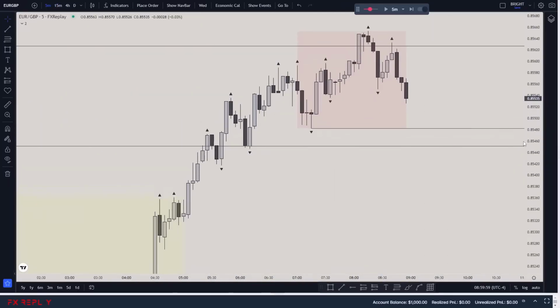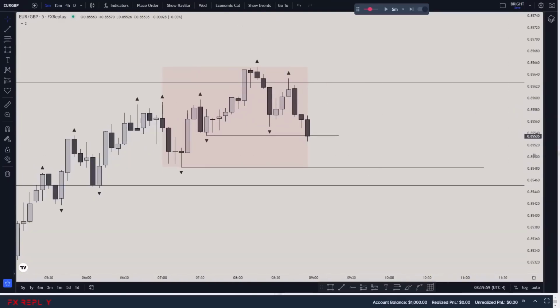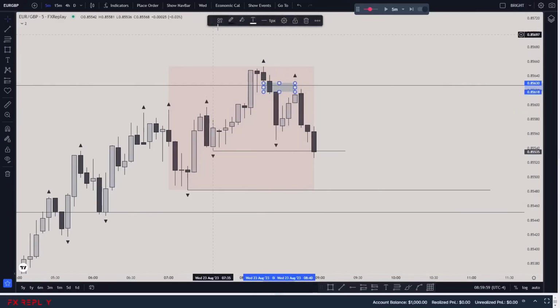What's happening here? So at the 5 minutes we can see that okay, price was going down, going up, and then this is my change of character on the 5 minutes, right? And price kind of closed below it. The thing here is this: we had a fair value gap that was respected, right? Respected fair value gap. And this respected fair value gap created another one.